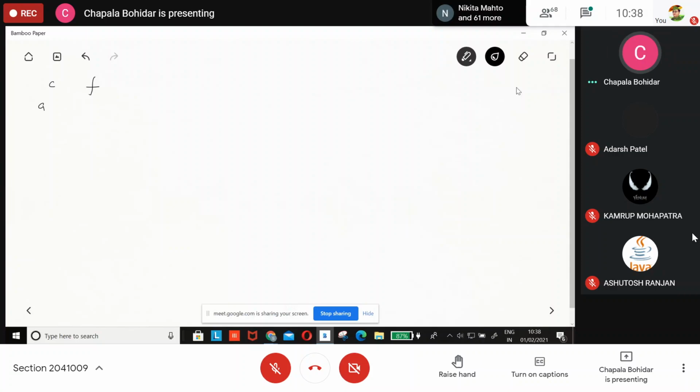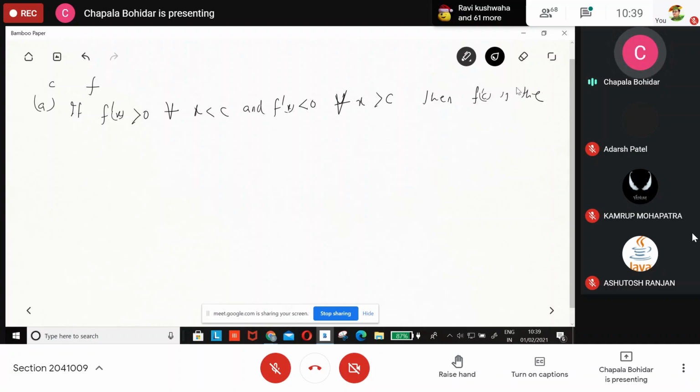Bit A: if f dash x greater than 0 for all x less than c, and if f dash x less than 0 for all x greater than c, then f of c is the absolute maximum value of f.